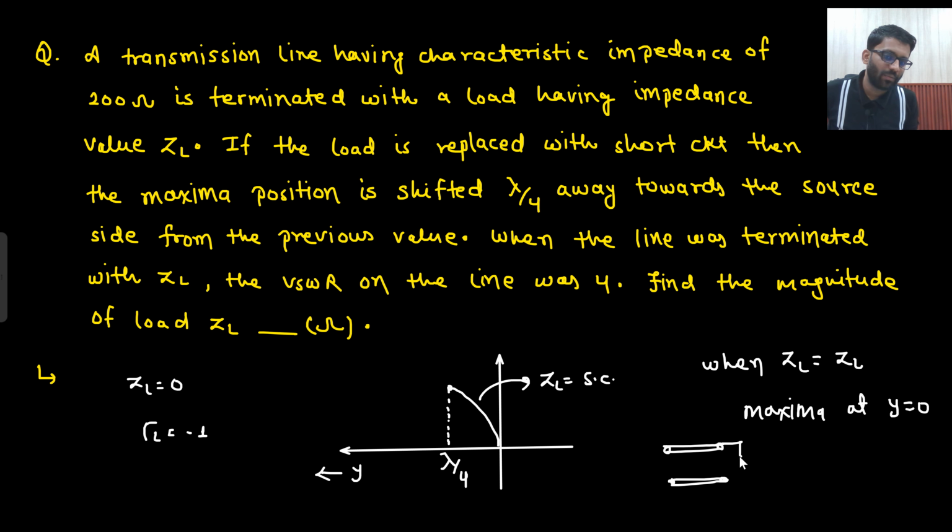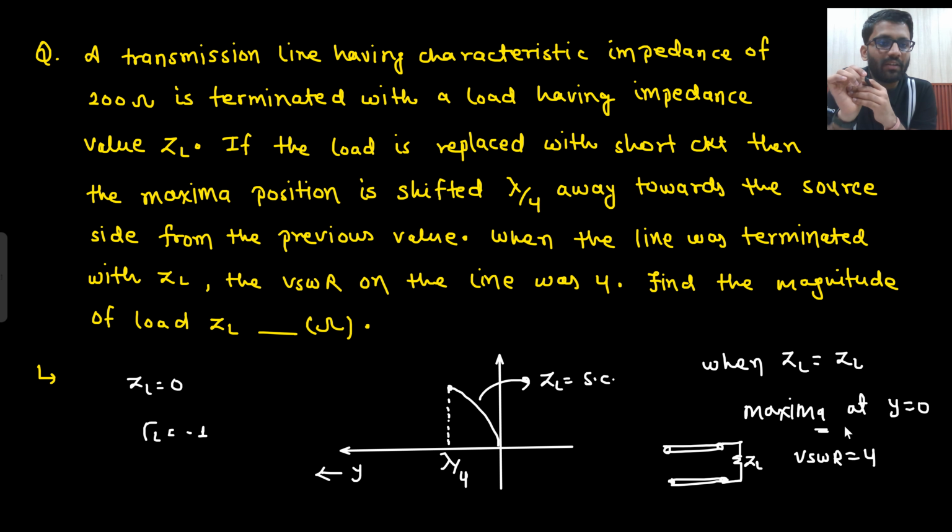Now at y equals 0, you are getting maxima. So certainly it has to be a resistive load, because in case of inductive, capacitive, or complex load, at y equals 0 you do not get anything conclusive. So it has to be a resistive load, right?